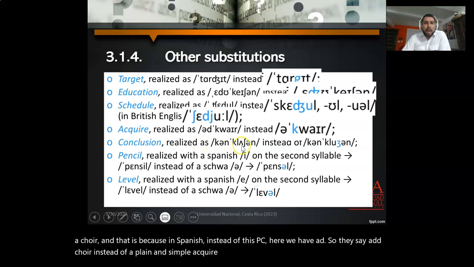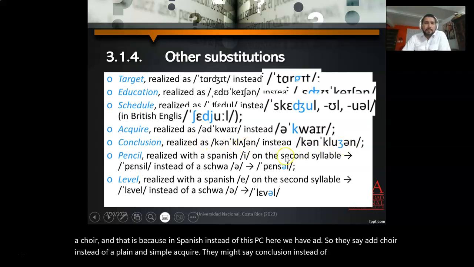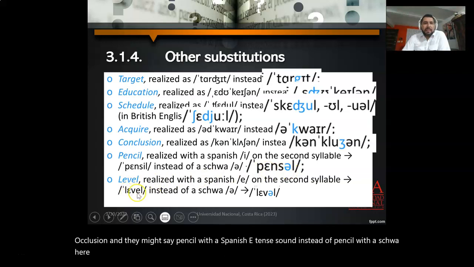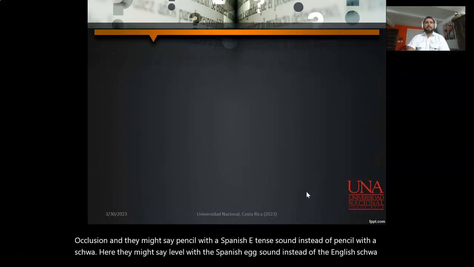They might say conclusion instead of conclusion, and they might say pencil with a Spanish E, tense E sound, instead of pencil with a schwa here. They might say level with the Spanish E sound instead of the English schwa level.